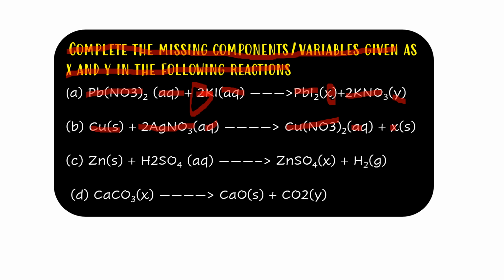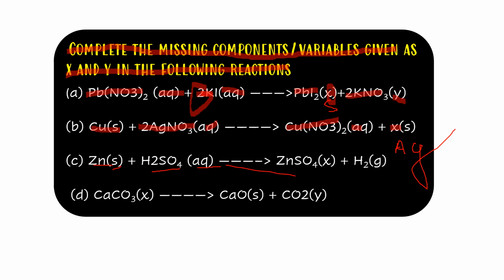Now, can you all say what the substance X would be in solid state? So here the substance is silver, that is Ag. Third reaction goes with zinc in solid state and H2SO4 in aqueous state.